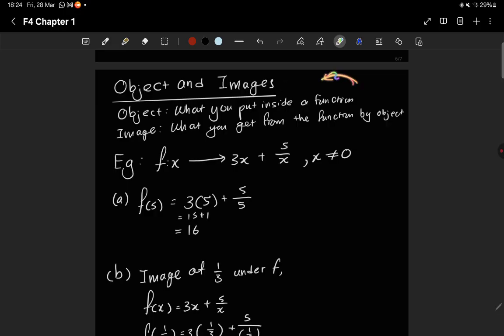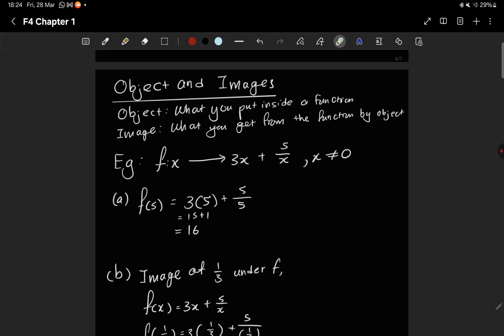The y value, your result, that's an image. So over here, I stated object is what you put inside a function, and the image is what you get from the function by the corresponding object. It's more of, you could say, the range. The image is something like a range.